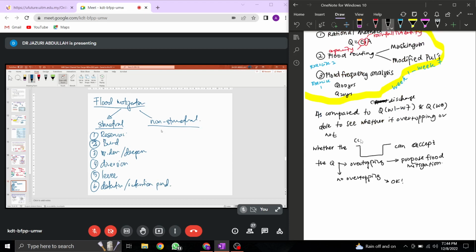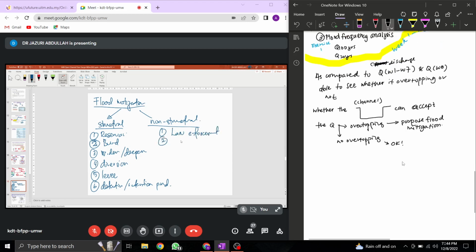So if you go with the non-structure, kita boleh pergi on the law enforcement. So we can go with the land management. Land management meaning that control opening area.